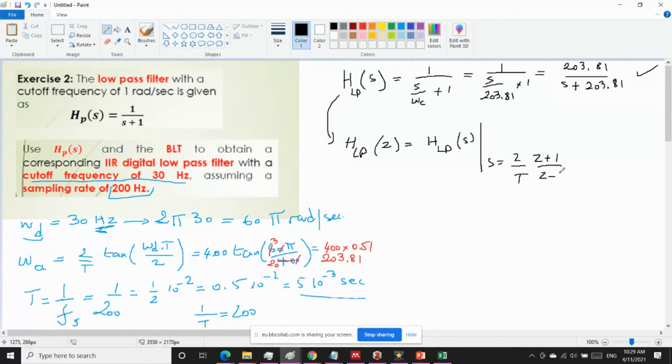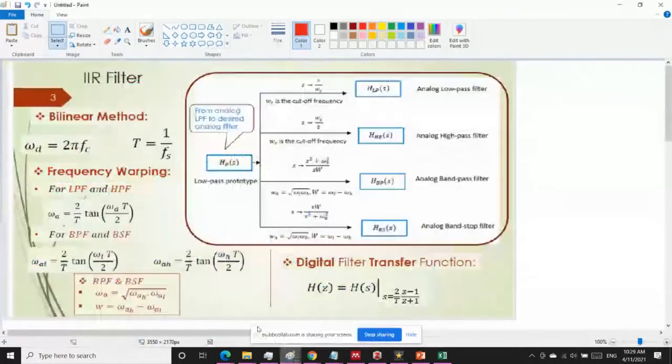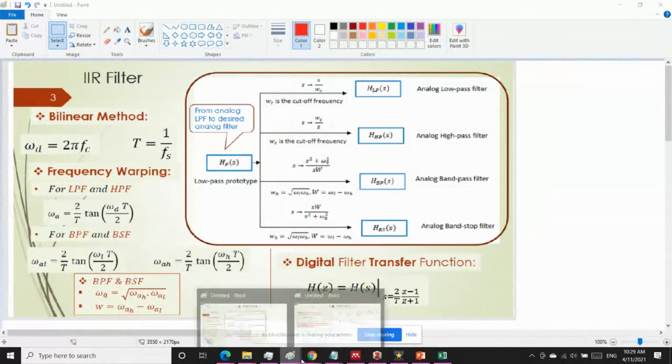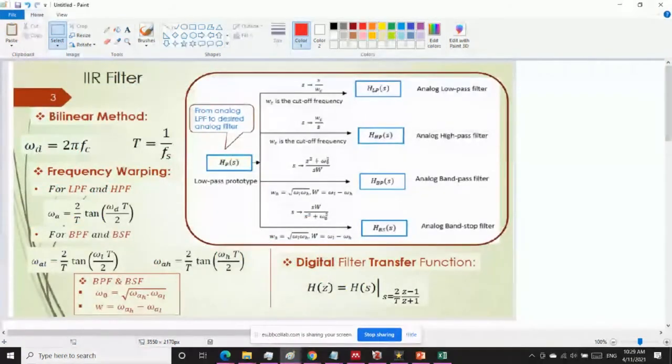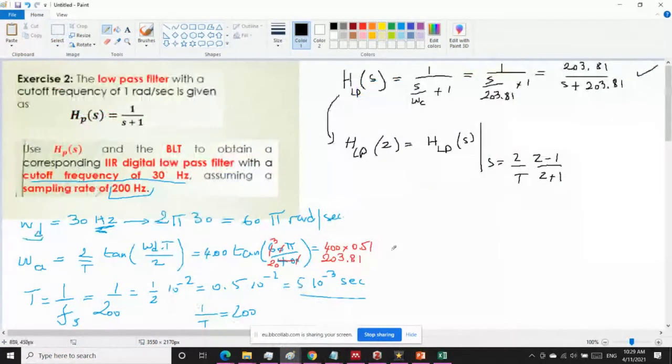We use this equation to digitize it. Make sure it is minus 1 over plus 1. Now we can go ahead and do that, and it's the same as before. So we take this.